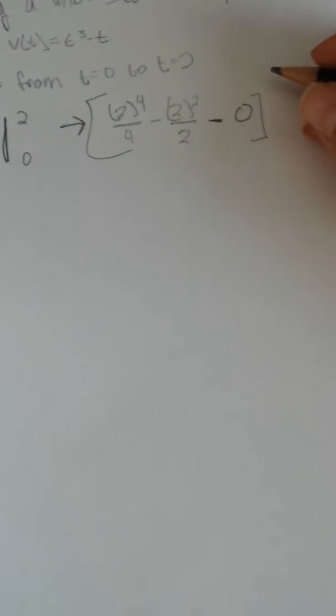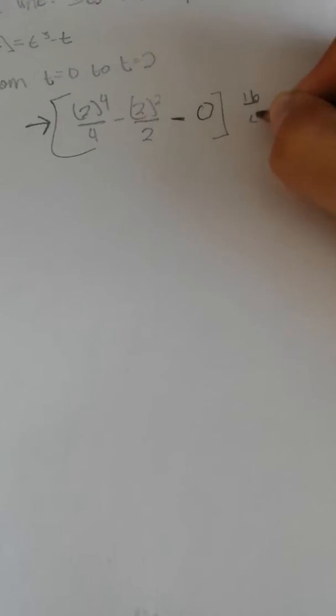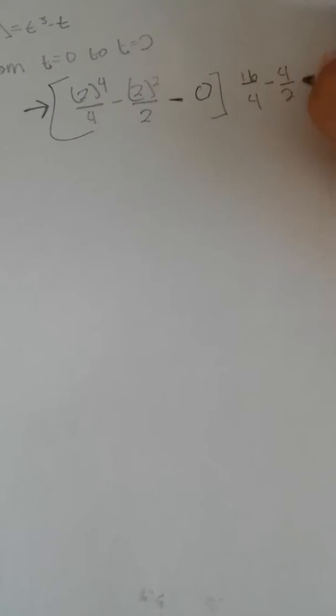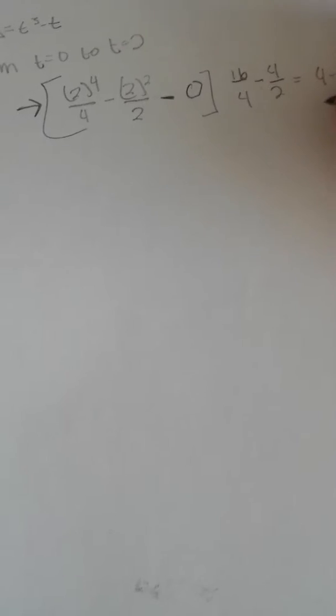Now 2 to the 4th over 4 reduces to 16 over 4, minus 4 over 2, which is 4 minus 2, which is just equal to 2. So yeah, that's the displacement from 0 to 2.